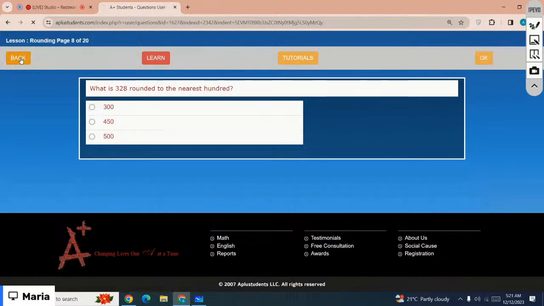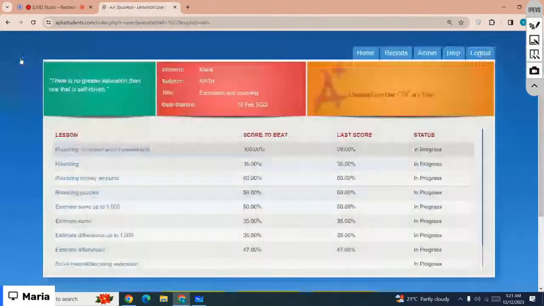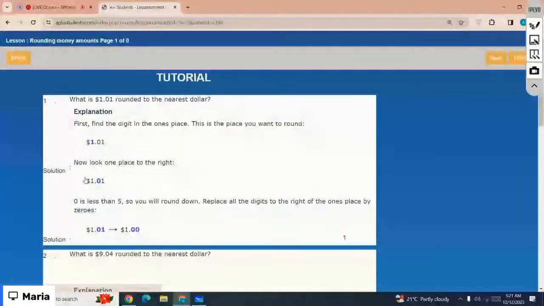And the next lesson is rounding money amounts. Let's just start with the next lesson. Money is usually represented by numbers, so rounding money amounts is the same as rounding numbers, right? What is 1.01 rounded to the nearest dollar?